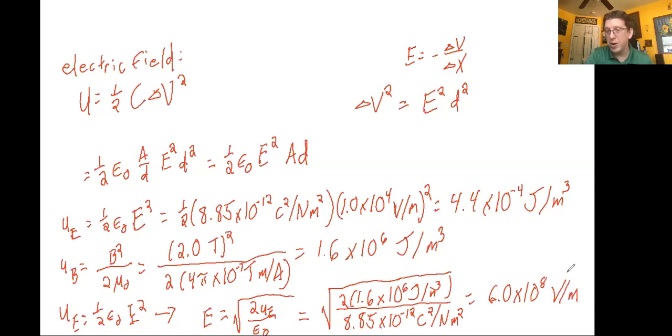And you may be very hard pressed to find a capacitor that can handle that. Certainly an air-filled capacitor won't cut it as far as that magnitude of electric field. If you get that strong of an electric field, the electrons will just jump right over and you'll lose the capacitor at that point. What that's telling you is that an inductor can store a lot more energy per unit of volume than a capacitor can.